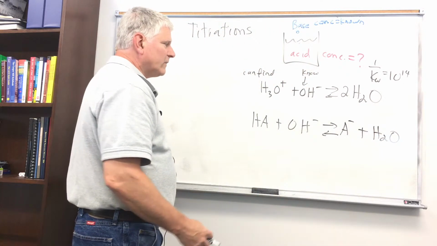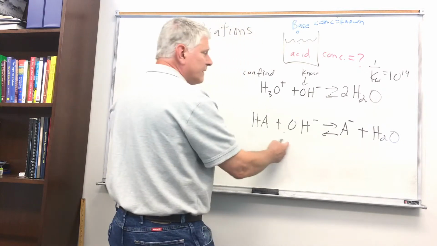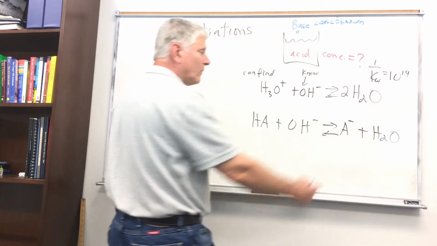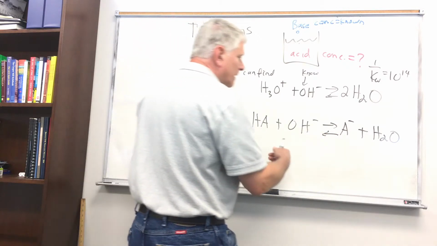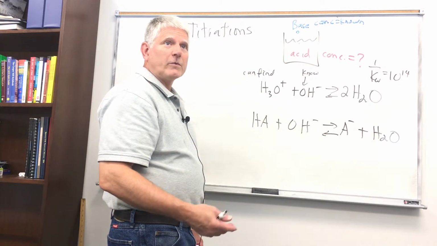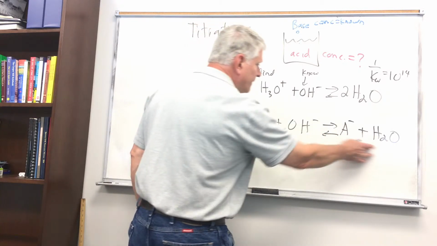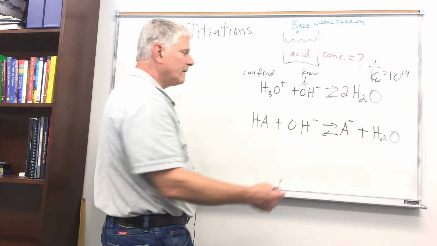And if we look at this equilibrium constant, this is just the inverse of the conjugate base constant for a particular weak acid, and those conjugate base equilibrium constants are usually small for weak acids. So this equilibrium constant is going to be fairly large, say on the order of 10 to the 10th.